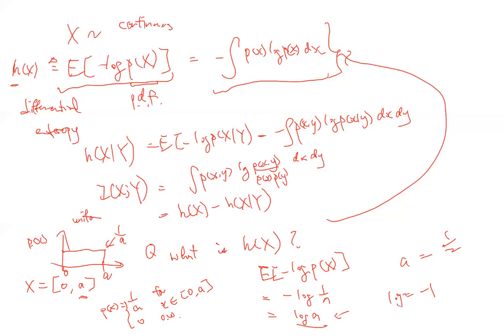So I can have a negative value for the differential entropy. Actually, I can get negative infinity if I want. If A is super small, the distribution is basically like a delta function.